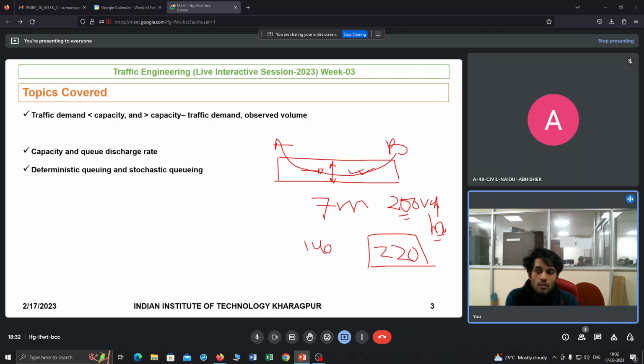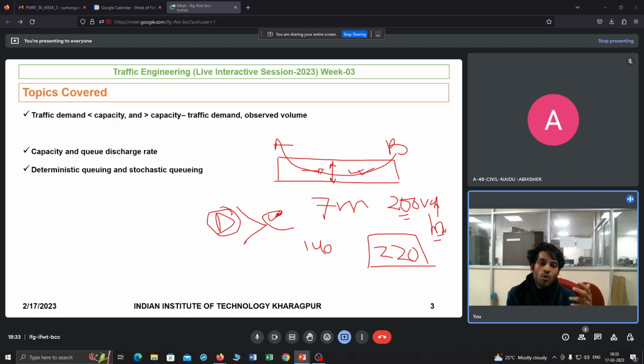So in these scenarios, whenever your demand is greater than capacity, the actual demand was something else, but because of the capacity you are following different paths or different time periods, or you are not traveling, right? So these are called potential demands, right? So you may not actually reach or may not actually get.